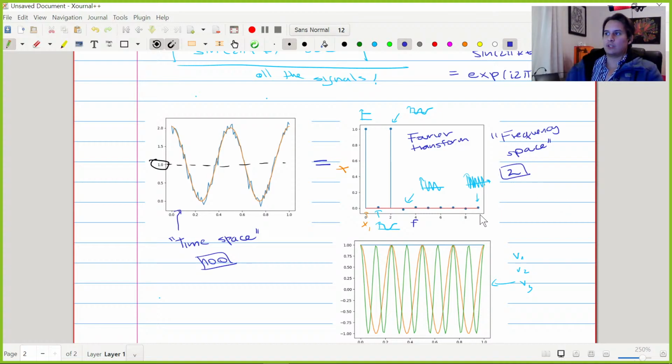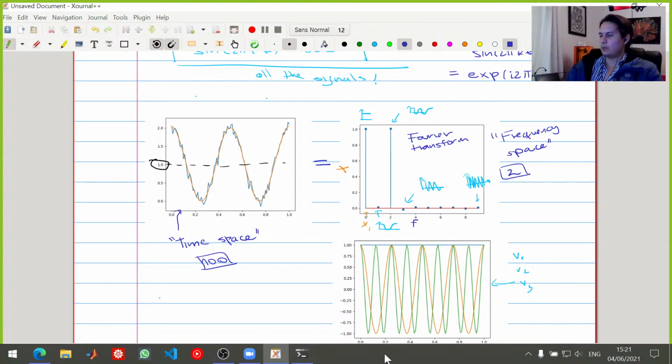Here I cut the frequency at 10, but if I used more frequencies, for example up to 50, instead of having a denoised signal, I would have exactly the same signal, but represented with cosines and sines.